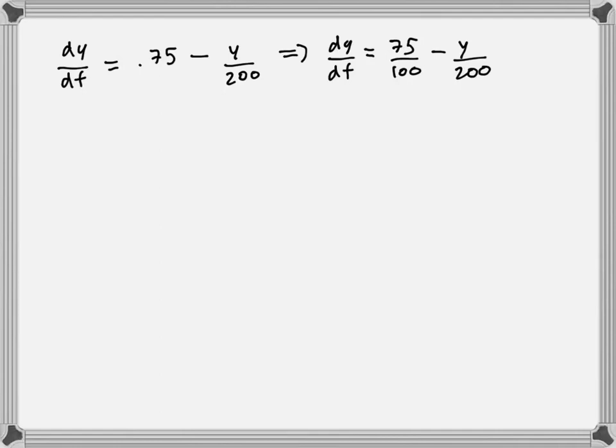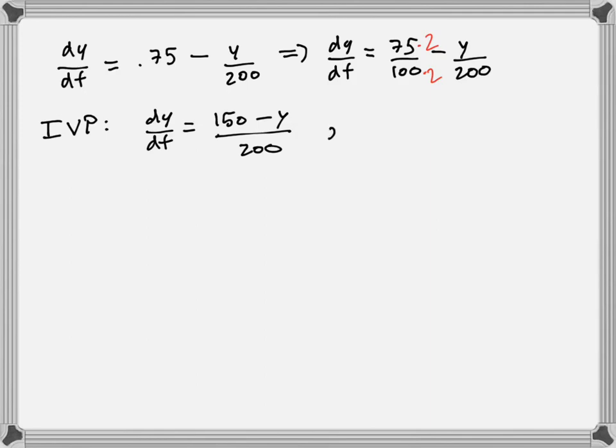You actually just multiply both by 2, and so this leads us to the following initial value problem. I'm going to write it this way: dy/dt is equal to (150 minus y) over 200. How did I get that? Again, I multiplied this by 2 and this by 2 in order to get a common denominator.